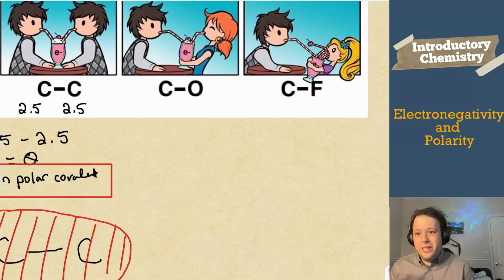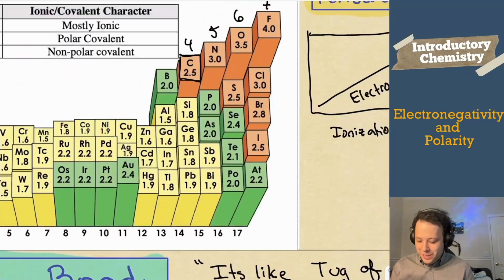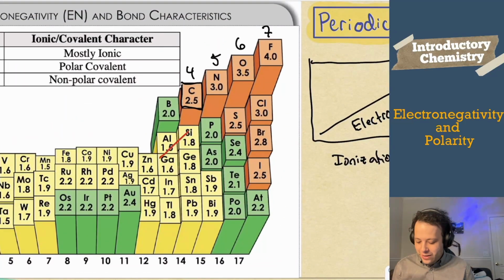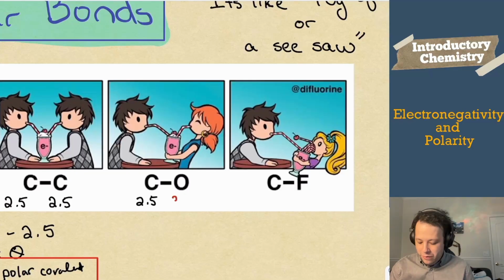Now, what about carbon and oxygen? Well, we know that the value for carbon is 2.5. Now, what about oxygen? Once again, you can probably take a guess based on the image, that the girl on the right is kind of taking more of the electron milkshake than the guy on the left. And that's because the trend is it's going up and to the right. So, oxygen is more polar. We're going to see that this is a 3.5, which is a lot higher.